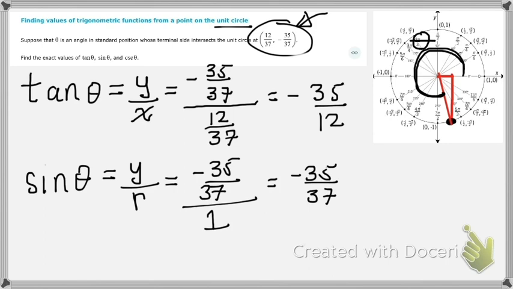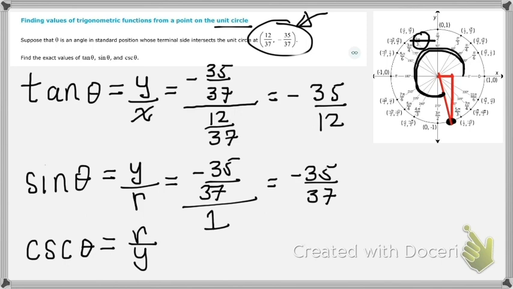Let's just look at the last one, the cosecant of theta. Now I could say that the cosecant of theta is r over y, and I would be correct. And I could use an r of 1 and a y of negative 35 over 37, if you follow me. But how about this? Sine of theta and cosecant of theta are reciprocals of each other.